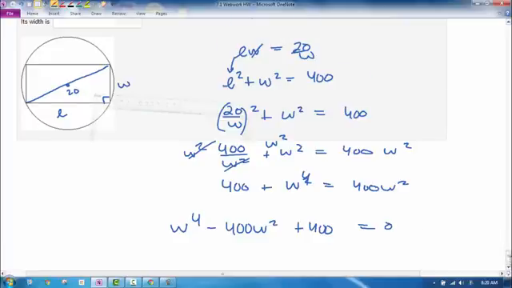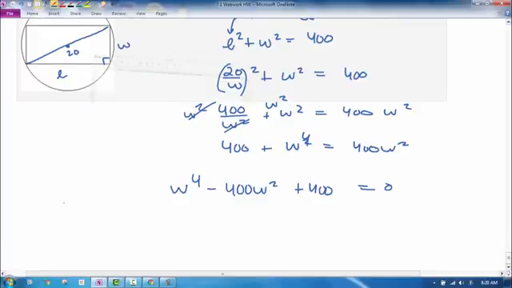And now you can look at this as a quadratic. Let me call x, I'll throw in another variable here. I'll call x equal to W squared, in which case this is really x squared minus 400x plus 400 equals 0. If that helps you, because then you can see you can just use the quadratic formula, get 2 answers for x, and then take the square root of both of them. So I'm going to do that in the quadratic program.